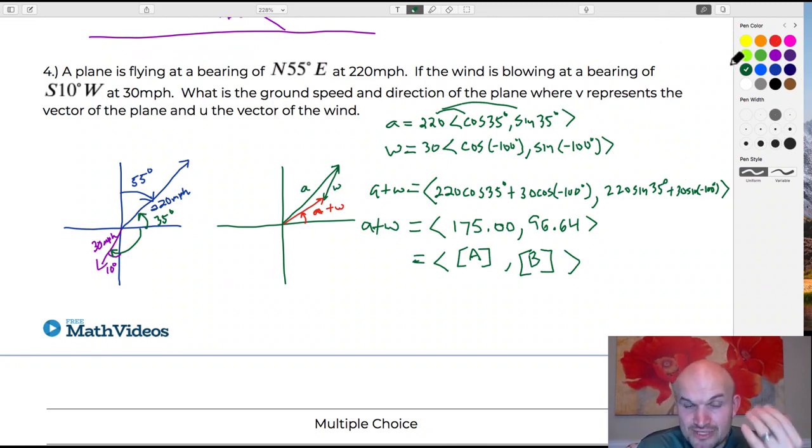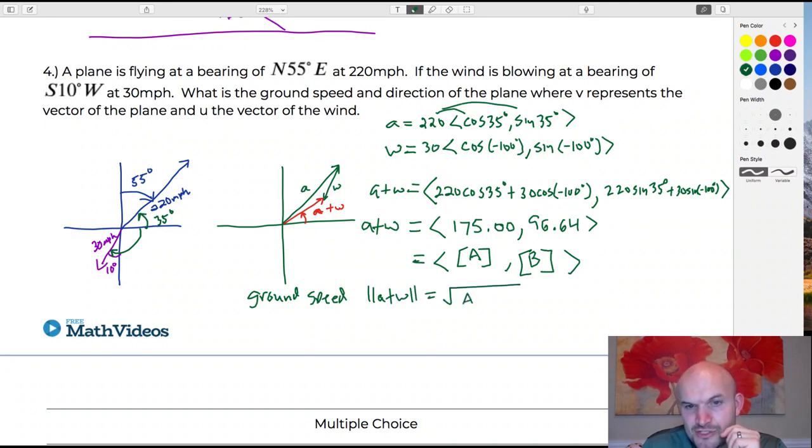Now the next thing to do is to find the ground speed. If I'm going to write the ground speed, that's the magnitude of A plus W. So all I need to do to find the magnitude is the square root of A squared plus B squared, because then I don't need to retype those digits.